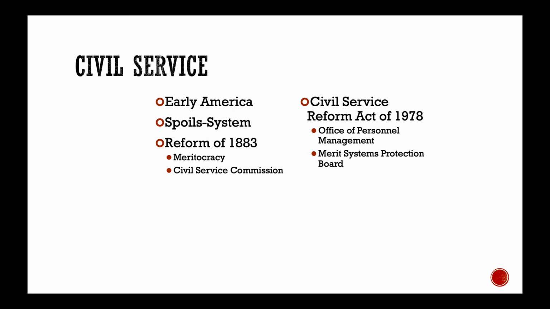Well, these are called civil service workers. Now, what you have to understand is that this represents a sort of a deep evolution in our system. So in early America, right, remember we talked about this earlier this week.